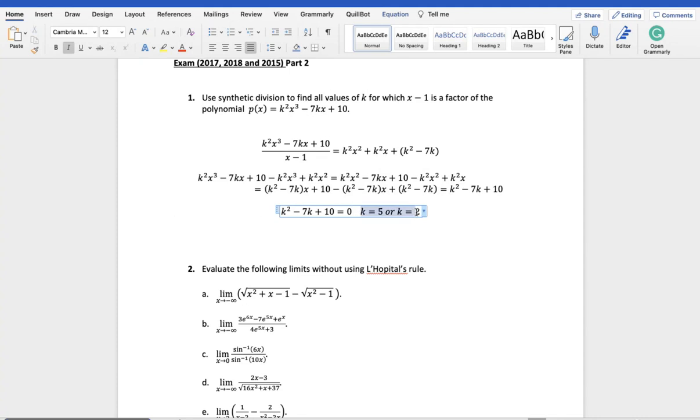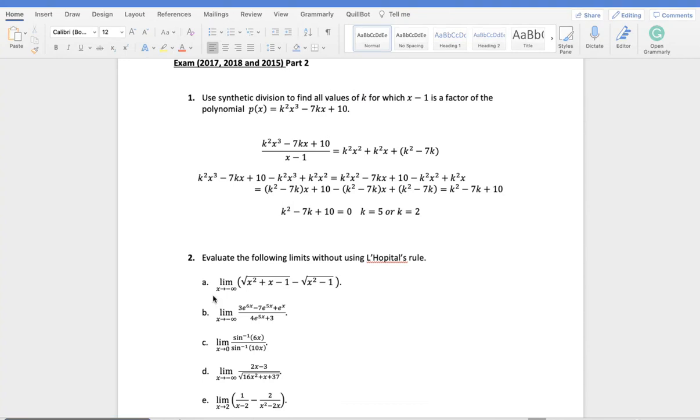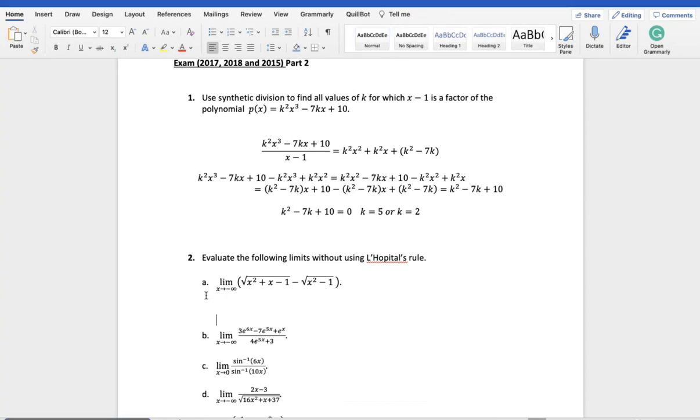As soon as you have that, you've found the values that make x minus 1 a factor of the polynomial. So these are the two values that you should consider. Any questions there?